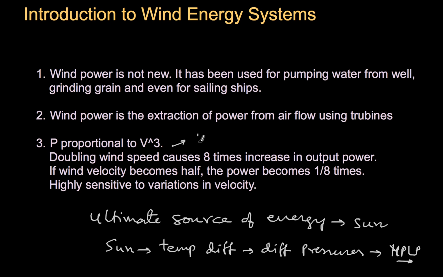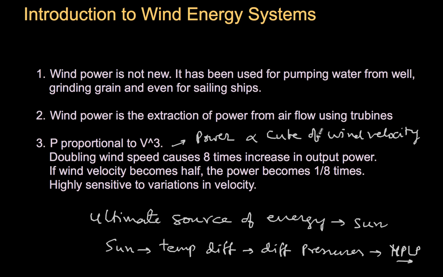Let me write it. Power is proportional to the cube of wind velocity. This is one of the fundamental physical characteristics of a wind energy system. One of the parameters we are looking at is the speed of wind. You can also look at pressure and density, but since we are talking about the outdoor installation of a wind system, atmospheric pressure is more or less the same everywhere.